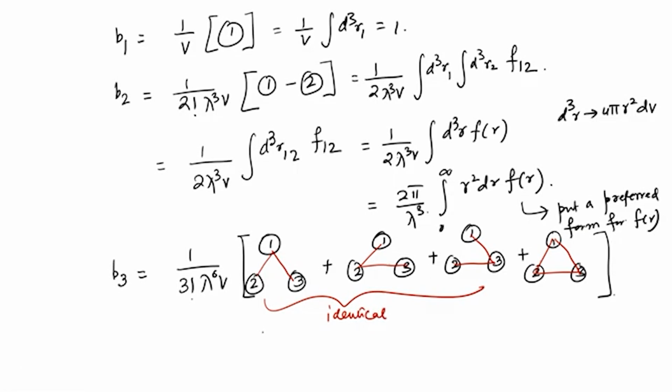So, this is like F12, F13, this is F12, F23, this is F13, F23, and this is F12, F23 and F31. Okay. So, these are the B3 terms, and they can be calculated.